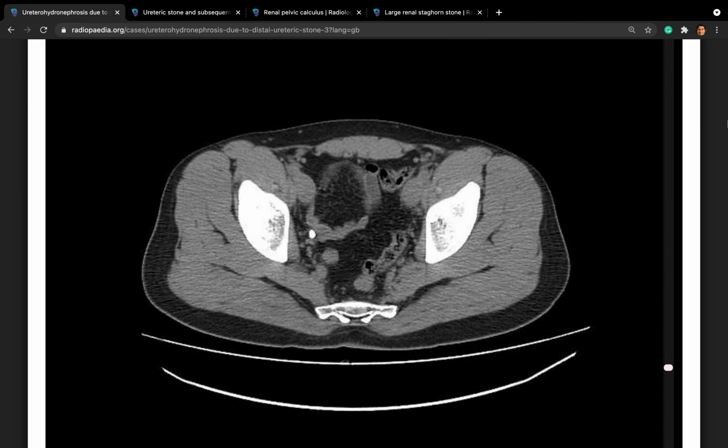I will give him diclofenac suppository. In my practice, I normally will use 100 milligrams per day. Okay, any advantage in suppository compared to oral tablets or intramuscular injections?